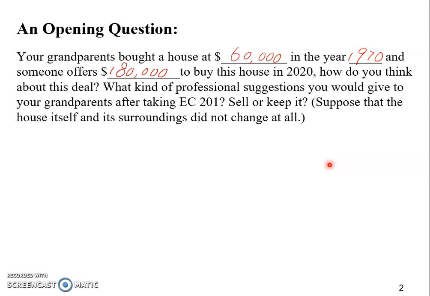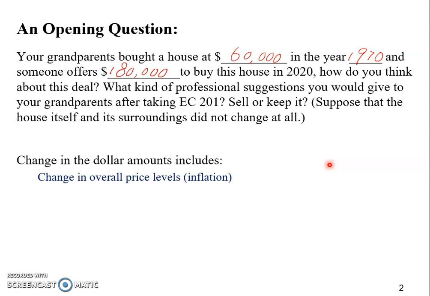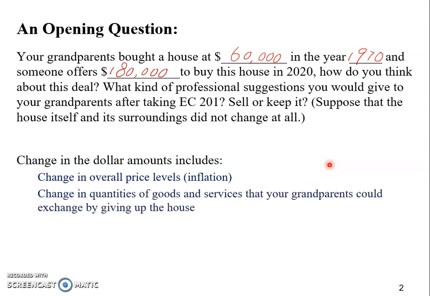Now here, you should be aware that the change in the dollar amount includes two things. The first one is a change in overall price levels. In other words, inflation. The second is a change in quantities of goods and services your grandparents could exchange by giving up the house. Now, for the second one, let me explain a little bit more. In 1970, they spent $60,000 purchasing a house.